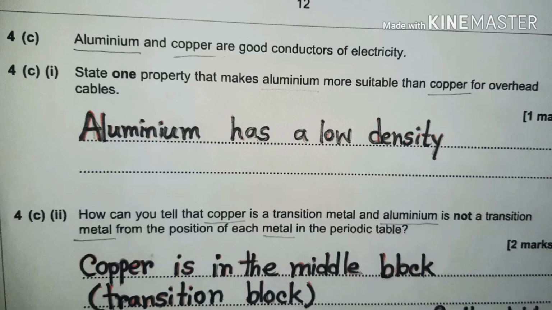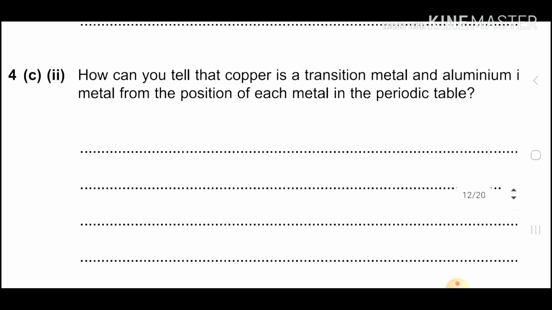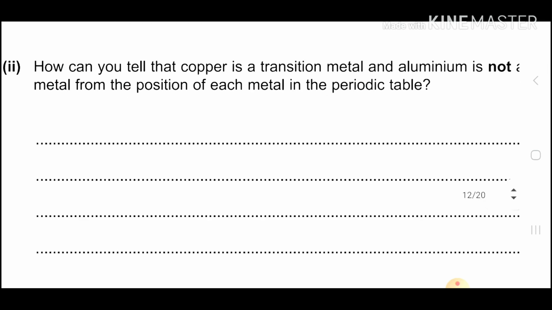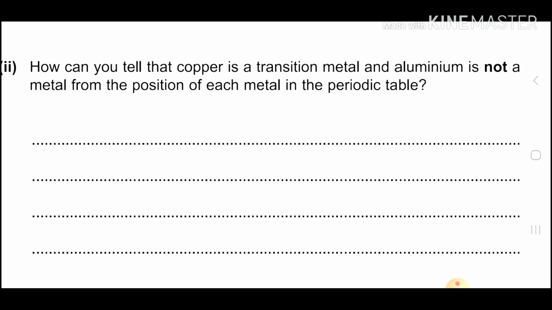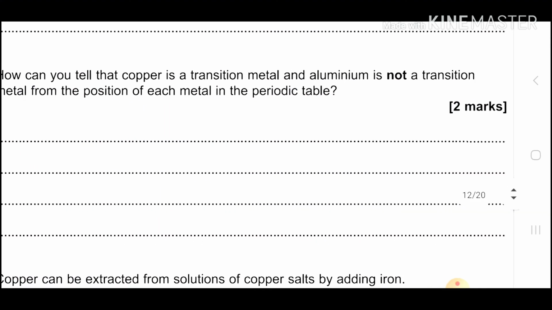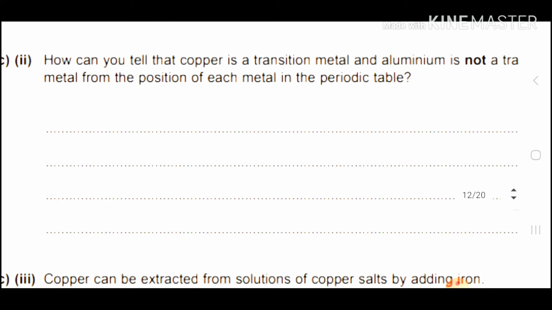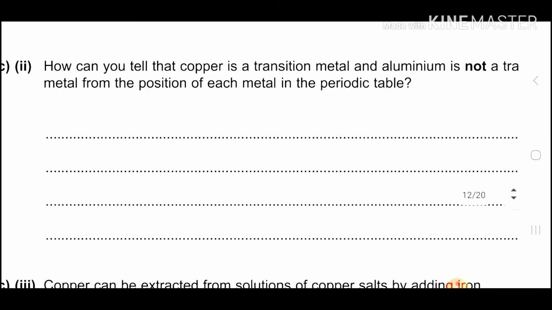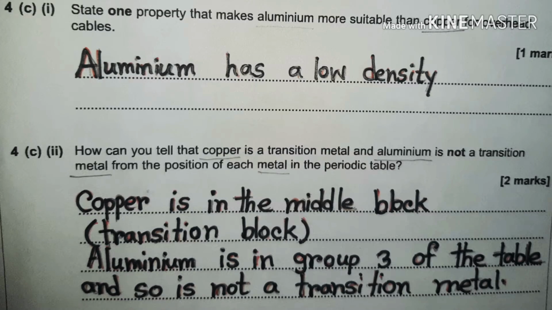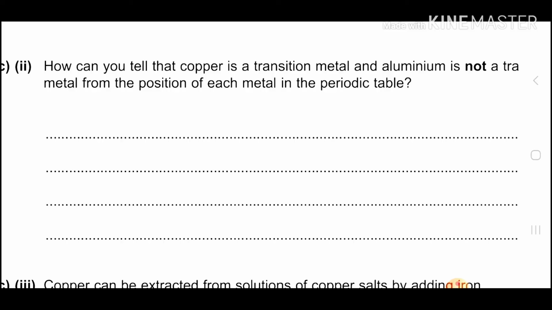Next one, how can you tell that copper is a transition metal and aluminium is not a transition metal from the position of each metal in the periodic table? You can write here, copper is in the middle block, that is the transition block, and aluminium is in group 3 of the table, and so is not a transition metal.